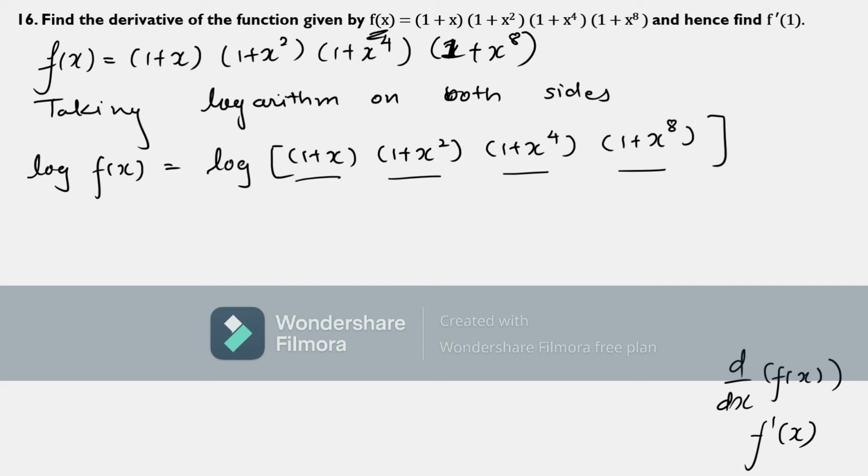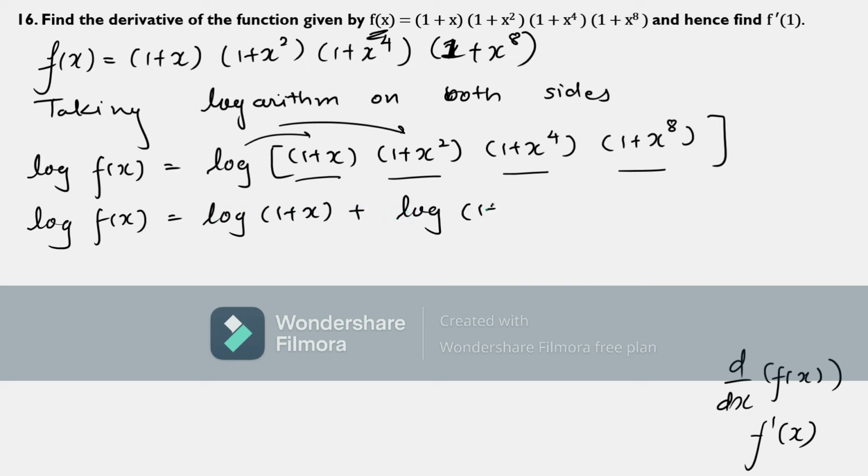Even in the previous question, in question 15, we did log of xy is log x plus log y. Similarly, here also we can apply log everywhere and write them in addition. So log of f(x) is equal to log of (1 plus x) plus log of (1 plus x square) plus log of (1 plus x to the power 4) plus log of (1 plus x to the power 8).